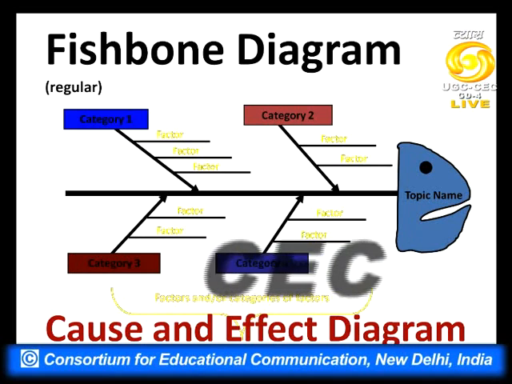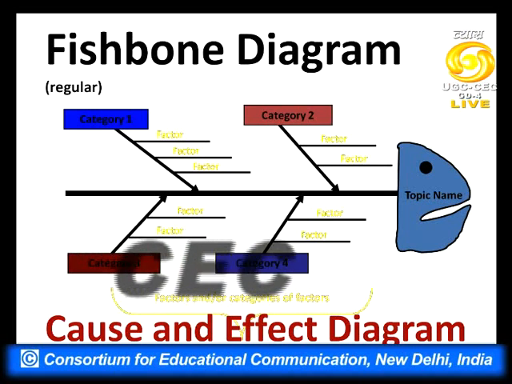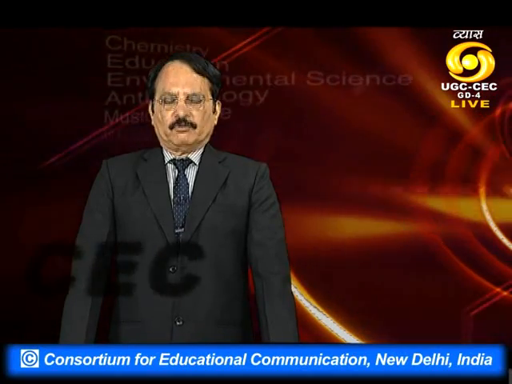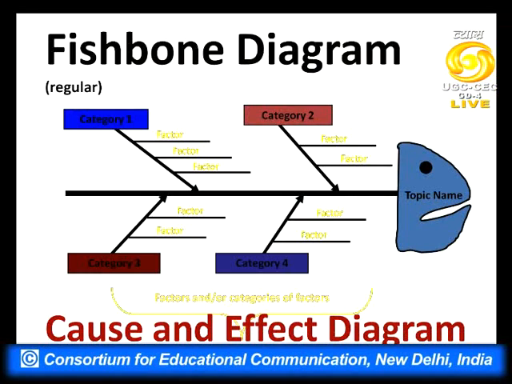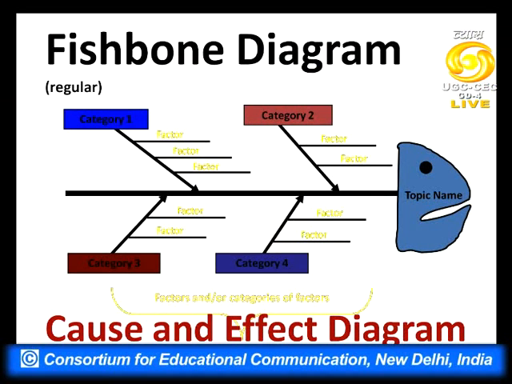Then we write minor bones. So, maybe under material, we have different problems. Material is not as per specifications. Material delivery is not on time. We write these on the smaller bones, and this completes the fishbone diagram for a particular problem. Looking at this diagram, we have identified what exactly is the problem which is causing the main problem.